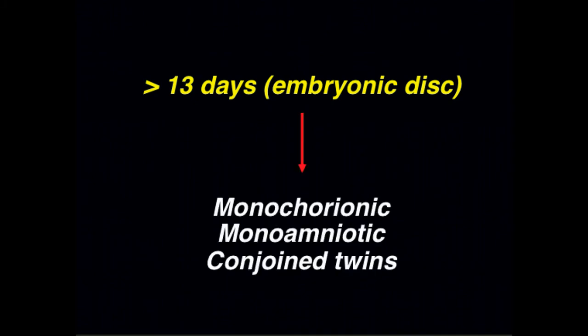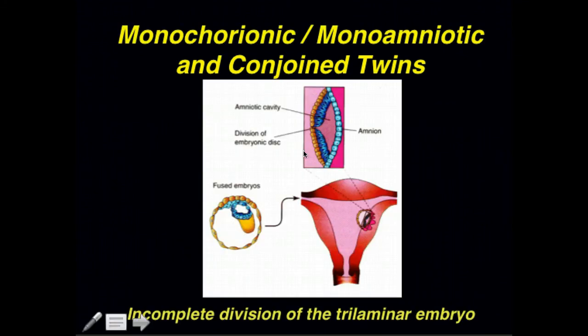In the extremely rare instance where the division occurs after the 13th day, then the embryonic disc will not fully divide. Therefore, the fetuses will share not only a placenta and an amniotic cavity, but they will share body parts. So, we end up in the circumstance where the trilaminar embryo fails to completely divide, and therefore whatever does not divide is shared by the twin fetuses.